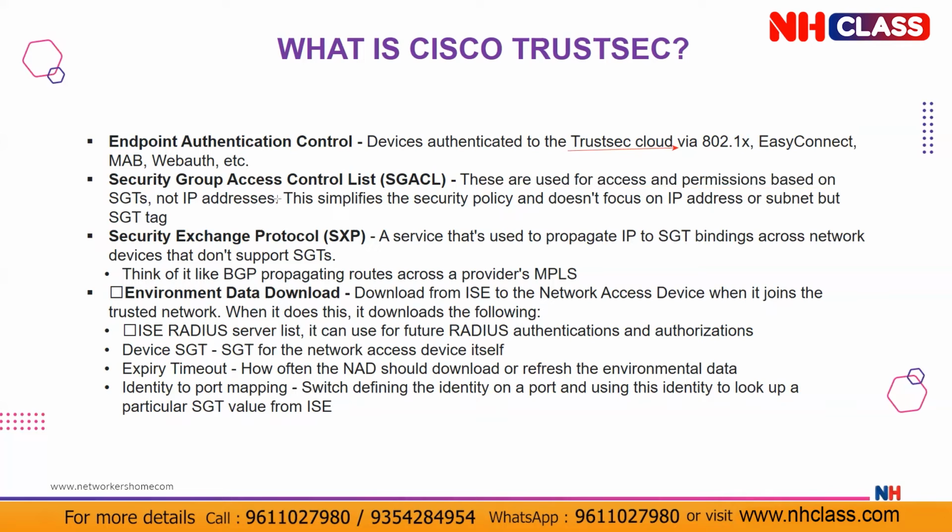But here, additionally, we are going to have security group tags, and we control the traffic based on the security group tags. That is basically called micro-segmentation. This simplifies security policy and does not focus on IP address or subnet, but on the security group tag. So it is totally controlled based on the security group tag.